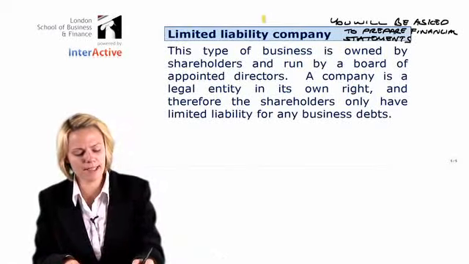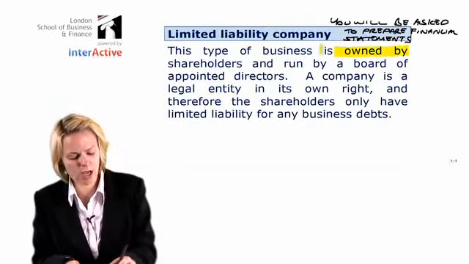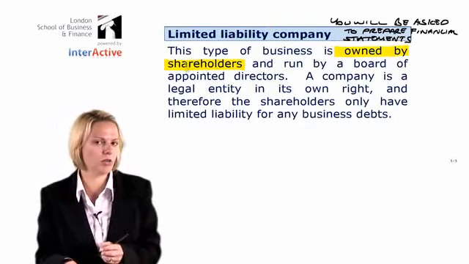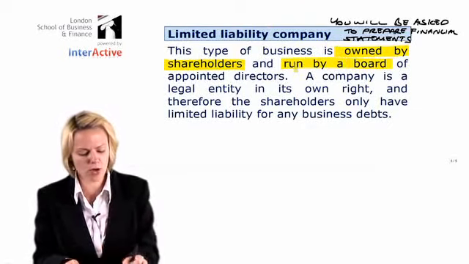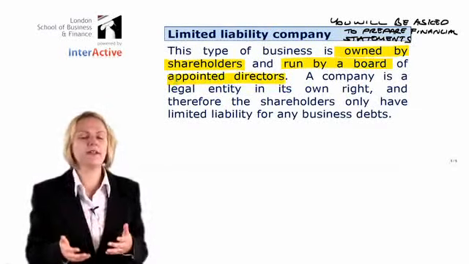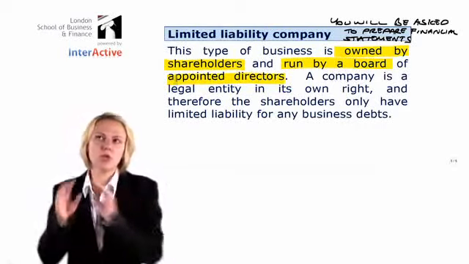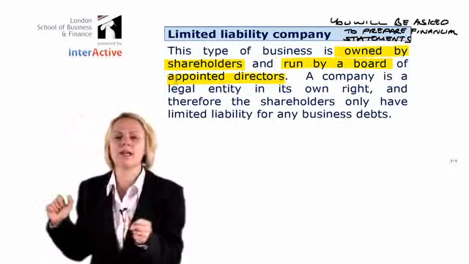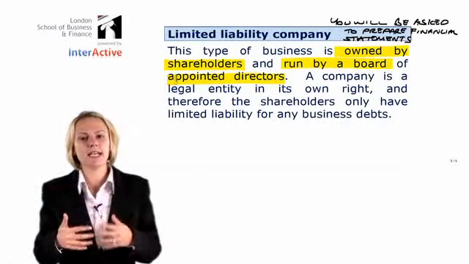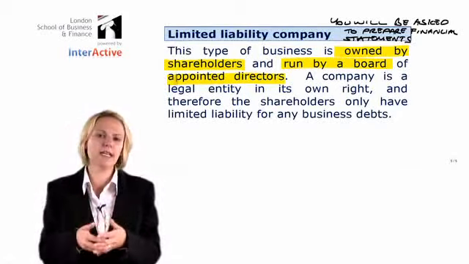Now, a limited liability company is a type of business that is owned by shareholders and run by a board of directors. So let me give you an example. My husband has a business called the Letting Agency. Now, what he did is he set up a company and registered a company name.